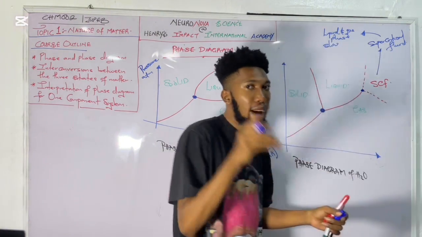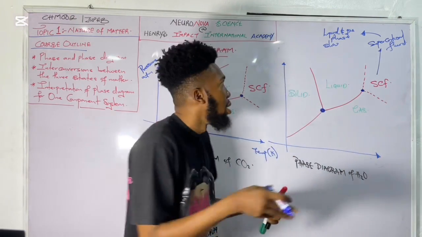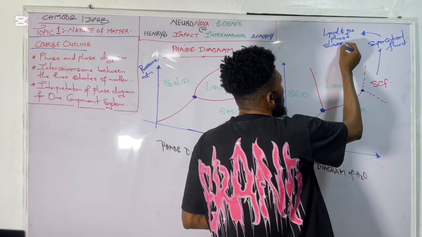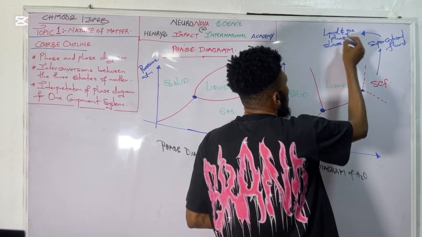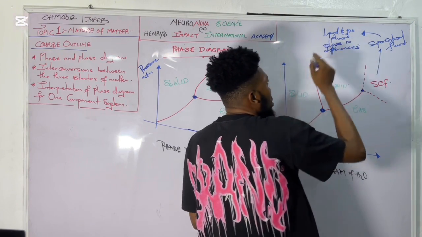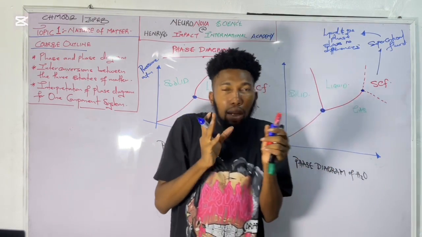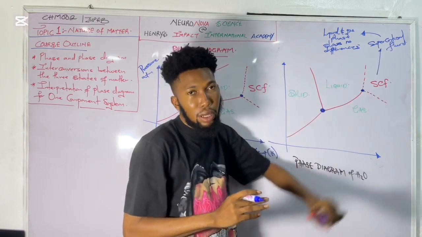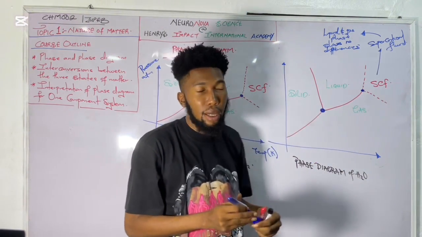Just like when I have ice inside water, that's coexisting, right? This one here is where liquid and gaseous phase show no differences. That state is showing both characteristics of liquid and gas. That's what we're trying to say.